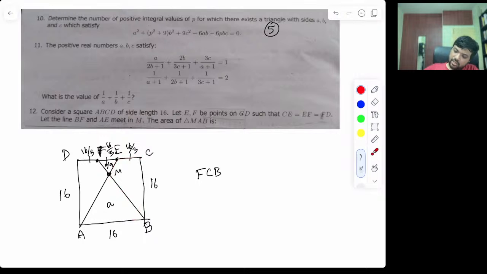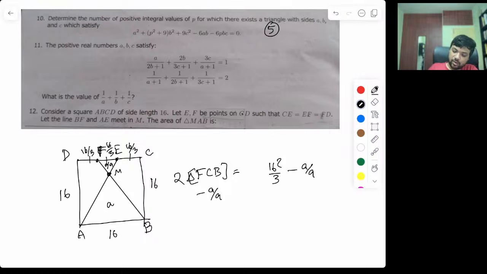Let's calculate FCB: half into 16 square by 3. If you do 2 times FCB, you will get 16 square by 3 minus A by 9, because it has counted A by 9 twice.